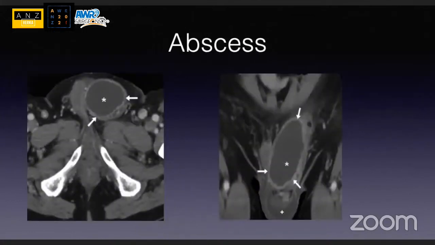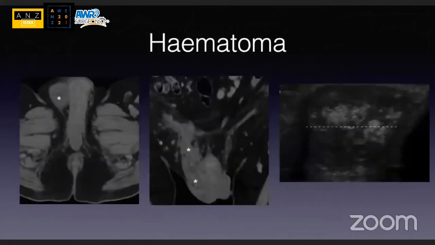An abscess also, thick-walled, enhancing, associated with fever, raised inflammatory markers, etc., can be aspirated. A hematoma is slightly dense on the non-contrast scan, and again can be quite extensive, with a heterogeneous appearance on ultrasound.